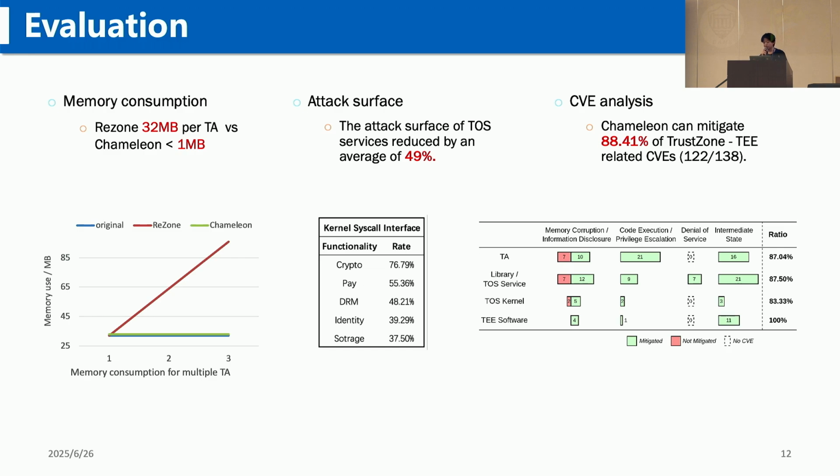For security evaluation, Chameleon reduced the attack surface of the TOS services by an average of 49%. Meanwhile, Chameleon can mitigate 88.41% of TrustZone TE-related CVEs.